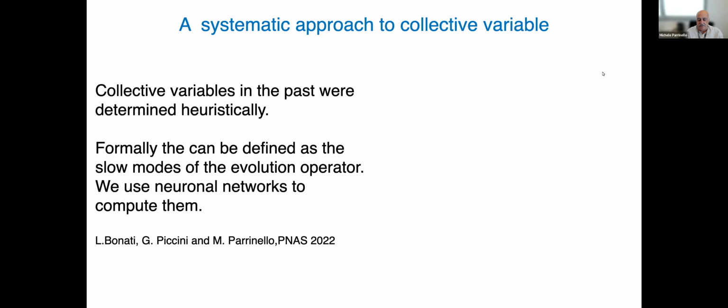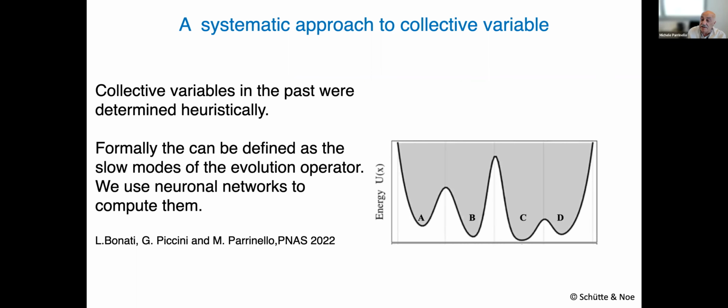So you can imagine you have a Boltzmann distribution of your system, you evolve in time, and the collective variable will be the variables that represent the modes which are the slowest. I'll give you an example of this, and which I think is instructive.